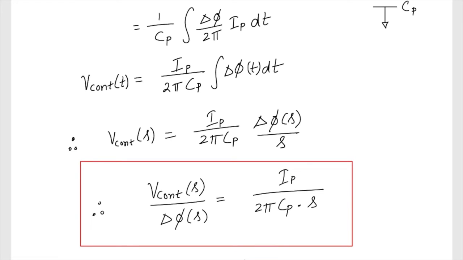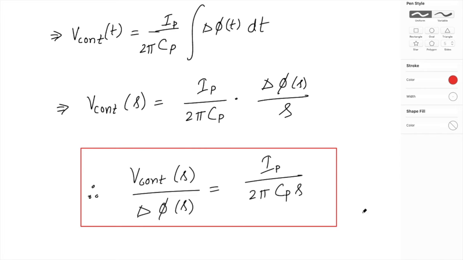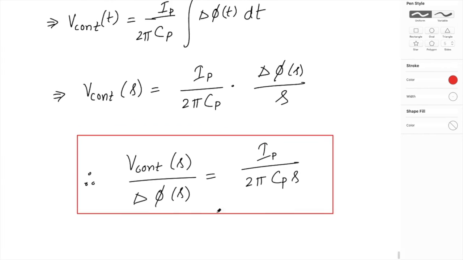Okay, so this is the expression or the relationship between the V control and the phase difference. So this is the equation which governs the charge pump and the phase detector.